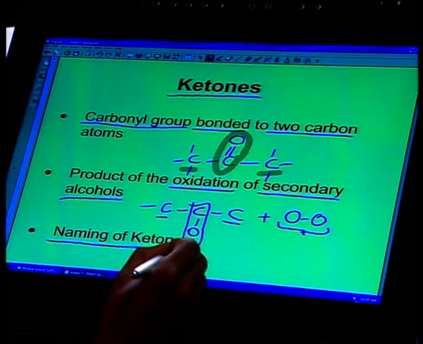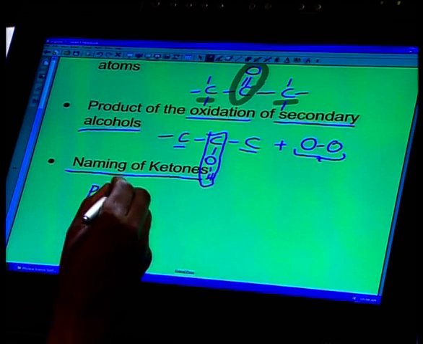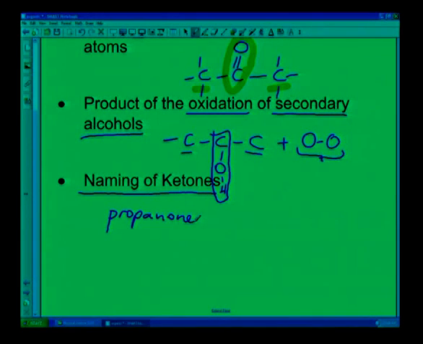And then we will also have to work on how we name ketones. So ketones are named in a simple way. For example, if you go from propanol to a ketone, you would have propanone. We will do more examples on this. The "one" at the end tells us that we're talking about a ketone.